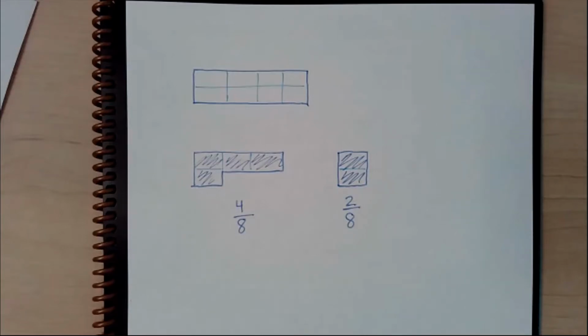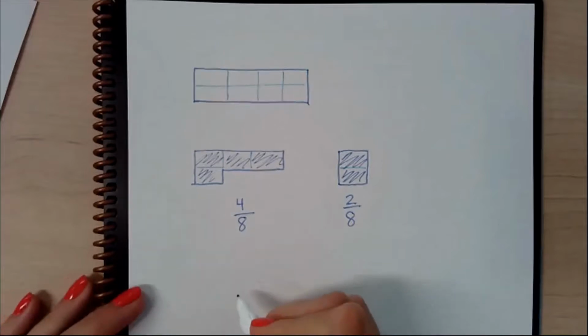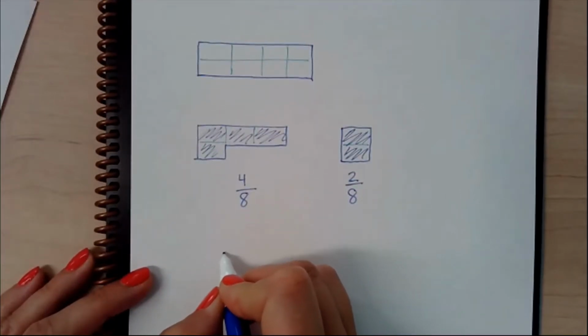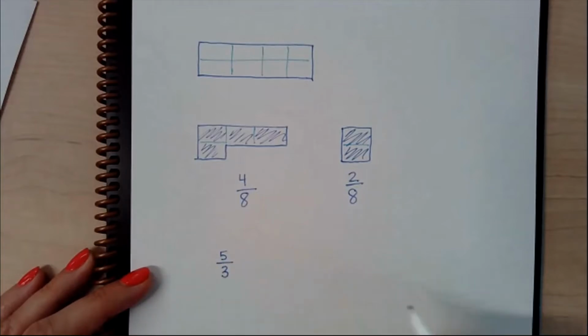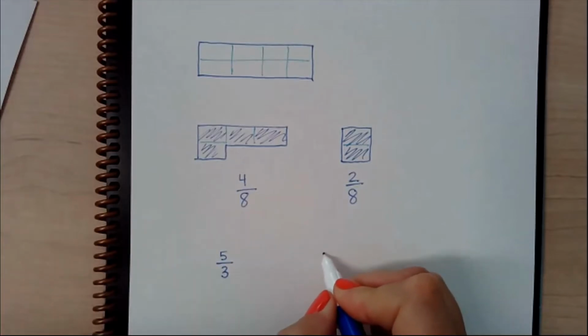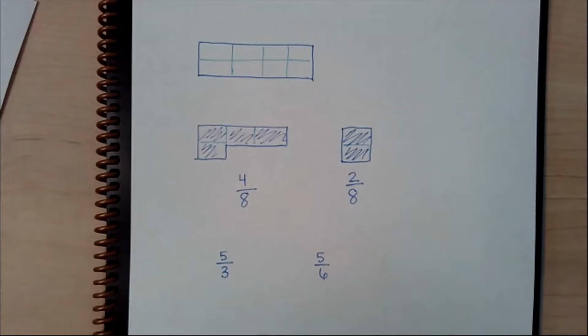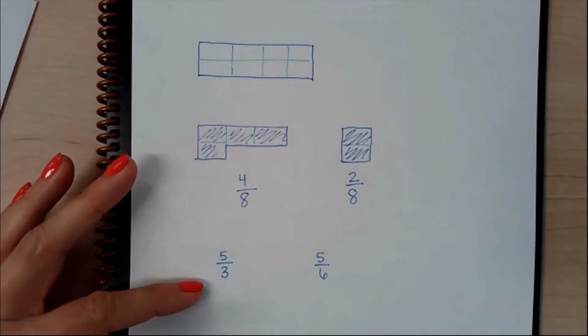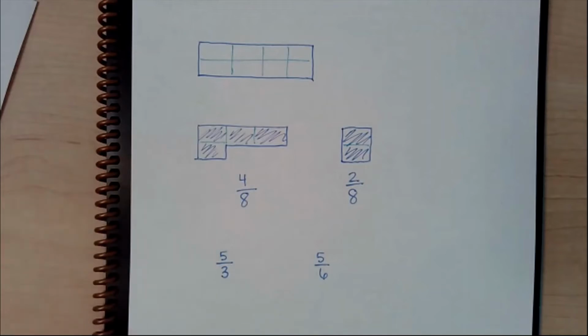Same thing happens when we're talking about numbers. So if I have 5/3 and 5/6, well, I read this as 5/3, meaning 5/3 of something. I took something and broke it up into 3 pieces.